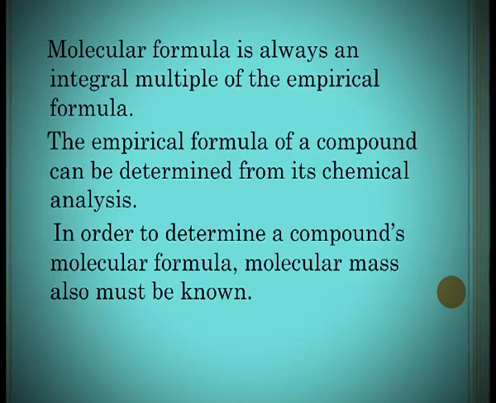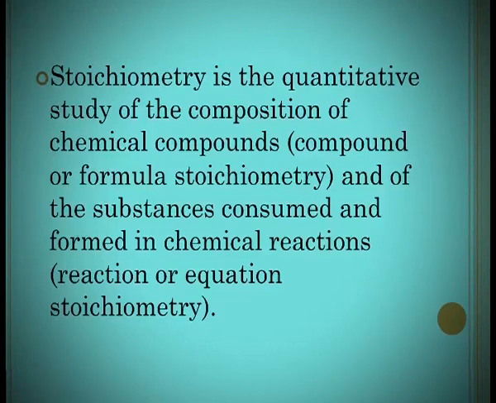The empirical formula of a compound can be determined from its chemical analysis. In order to determine a compound's molecular formula, molecular mass also must be known. Stoichiometry is the quantitative study of the composition of chemical compounds and the substances consumed and formed in chemical reactions.